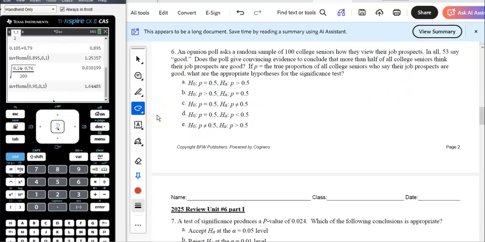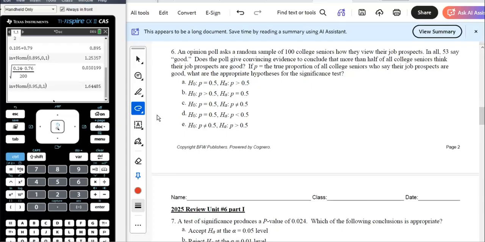An opinion poll asked a random sample of 100 college seniors how they view their job prospects. In all, 53 say good. Does this poll give convincing evidence to conclude that more than half of all college students think their job prospects are good? P is the true proportion of all college seniors who say their job prospects are good. So, okay, are there any really bad answers?